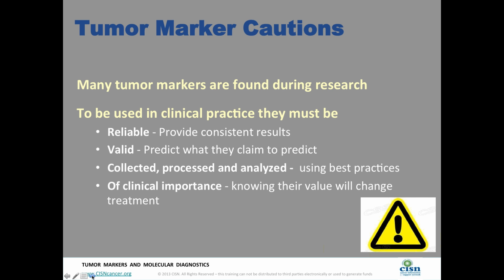And we've talked about this a little bit in other discussions, that part of that is based on how that tissue was collected. Whether it's tissue or blood or urine, how it's collected, how it's processed, and how it's analyzed has to be standardized. It has to be standardized using best practices.